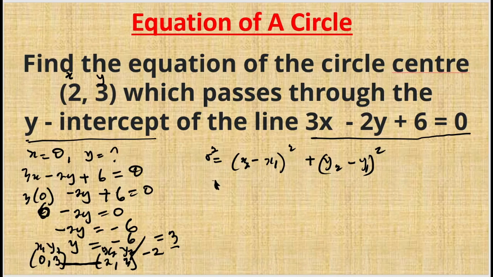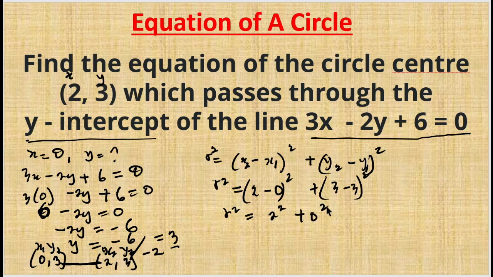So that my r squared now will be 2 minus 0 all squared plus 3 minus 3 all squared. So that r squared will come from 2 squared plus 0 squared. That's equal to 4. Obviously, r, which is the radius of this circle, is equal to 2.